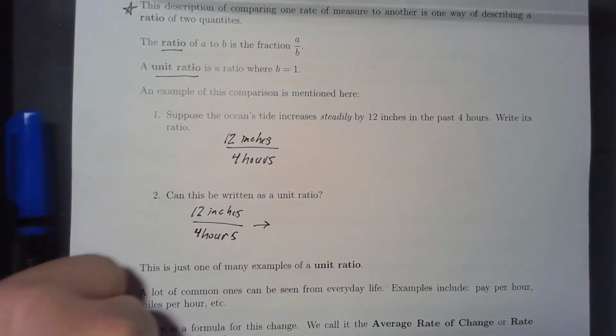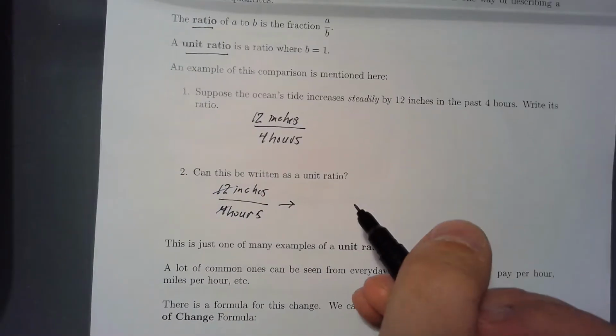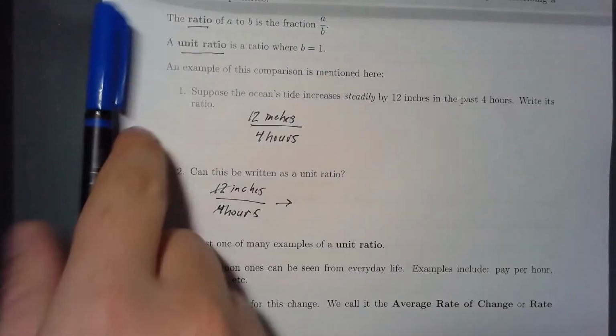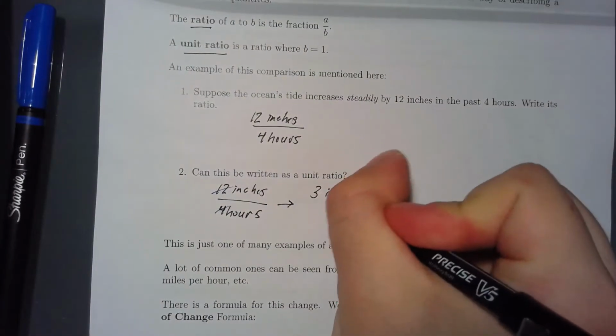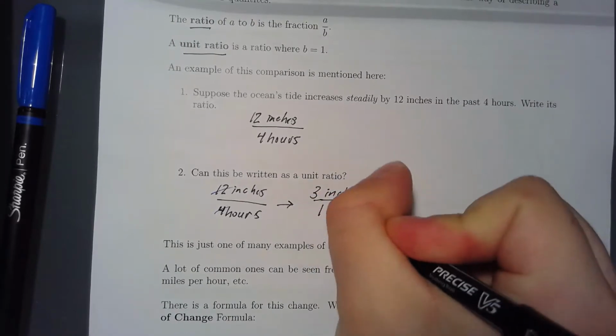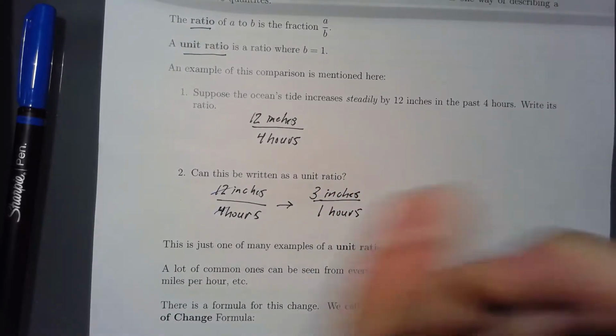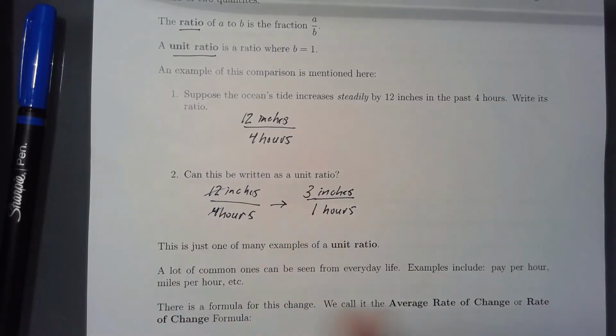That reduces, right? 12 over 4 reduces to 3 inches per 1 hour, because 12 divided by 4 is 3 over 1, which is 3.